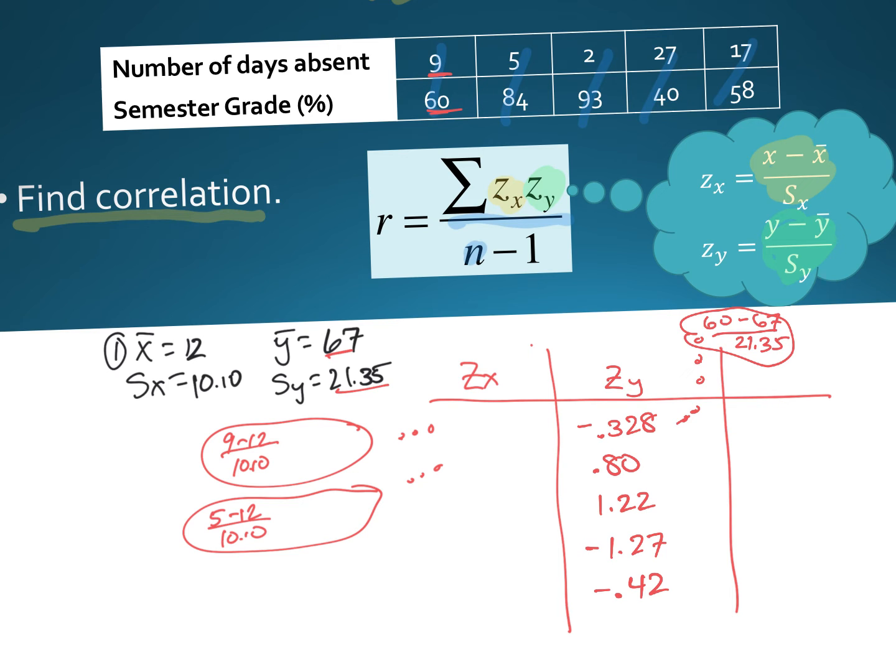And when you do so, hopefully you find z-scores of negative 0.328, 0.8, 1.22, negative 1.27, and negative 0.42.